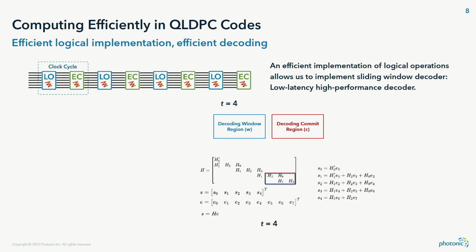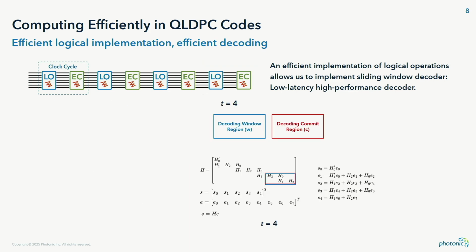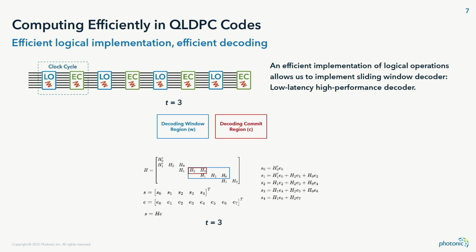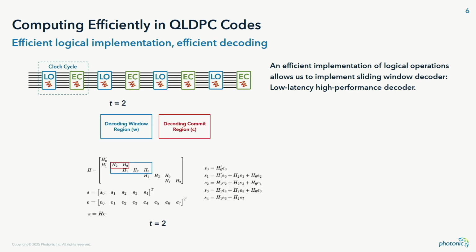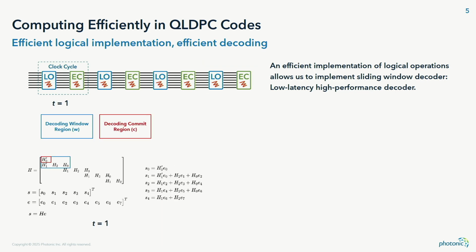If my circuit that performs logic has this structure, logical operation, error correction, logical operation, error correction, then my parity check matrix, the matrix that I need to decode over to perform error correction, will exhibit a spatially coupled structure. And this allows me to do something like this. Over time, I do error correction with a window that moves along the logical operation.